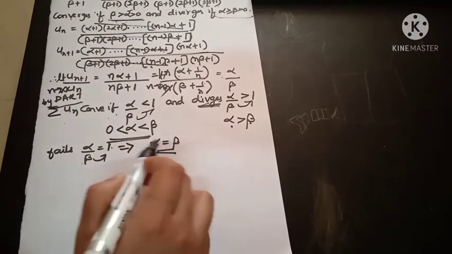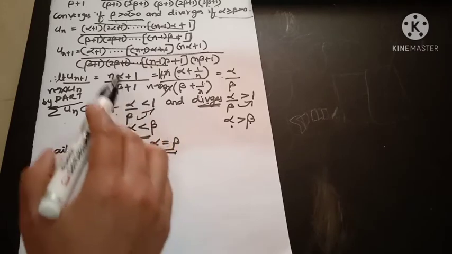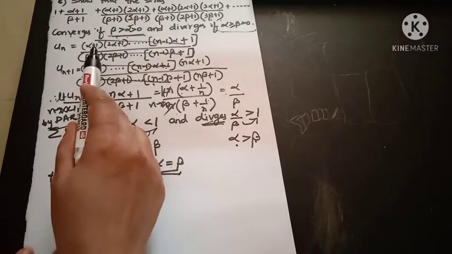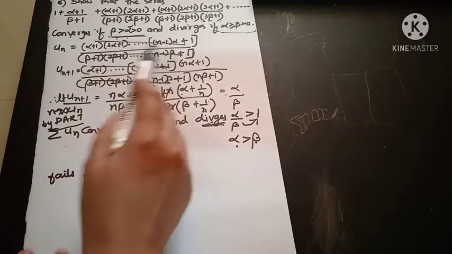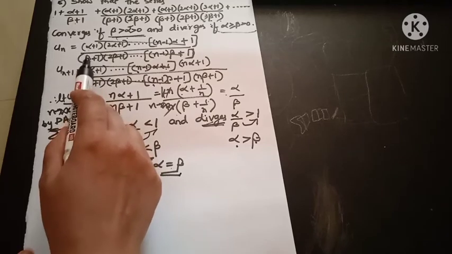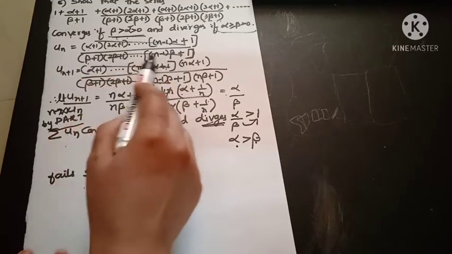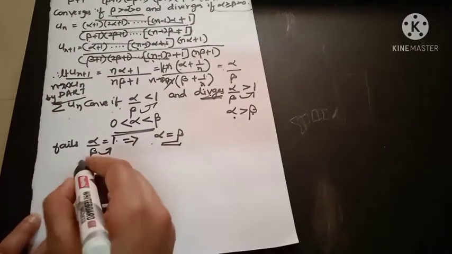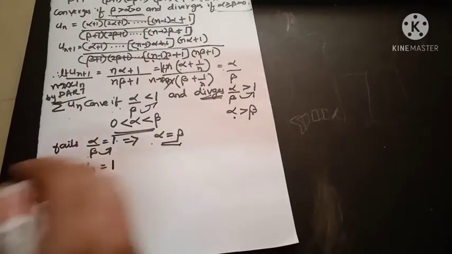So we'll see what happens when alpha is equal to beta in un. When alpha is equal to beta, the numerator is the same as the denominator, because alpha is the same as beta. So numerator and denominator both get cancelled. In this case, un is equal to 1.